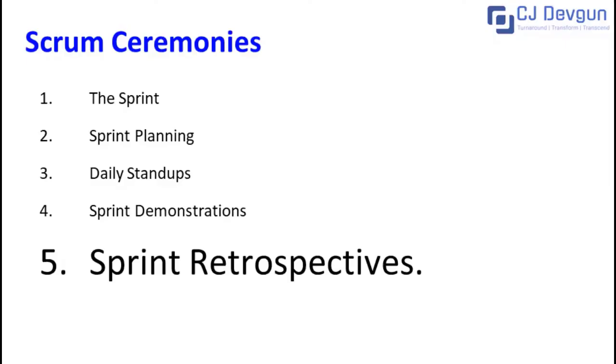And then the final ceremony or event of Scrum is the Sprint Retrospective. This is the feedback loop that helps the Scrum team to improve.